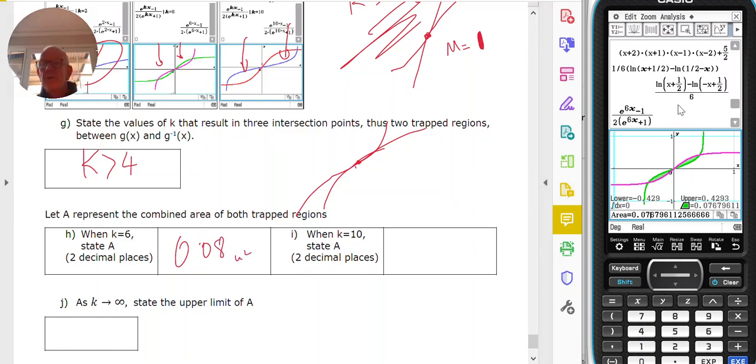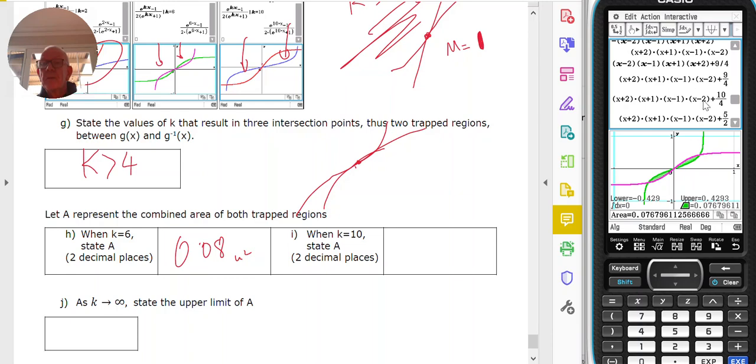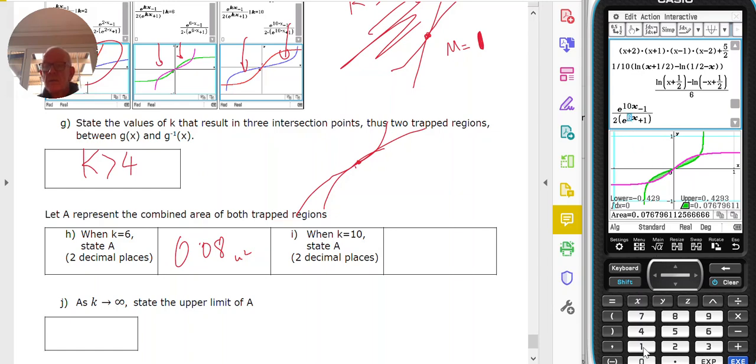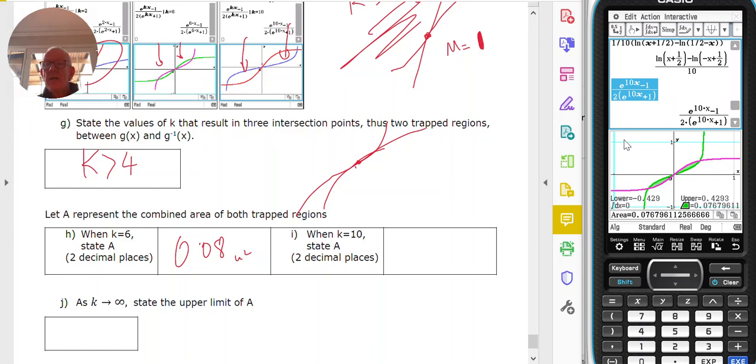And for 10, I'll go back up and do the same thing. Now, the reason that we're doing these is we're getting an idea of what's actually happening each time. So the author of this question has got you to look at 8, 6 and 10. There is the 10.